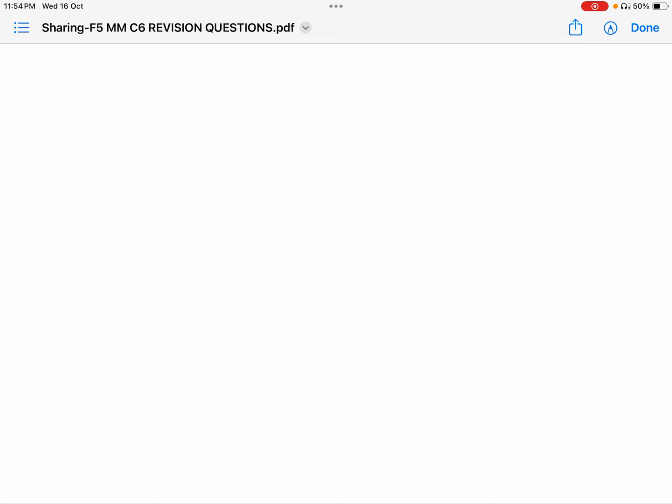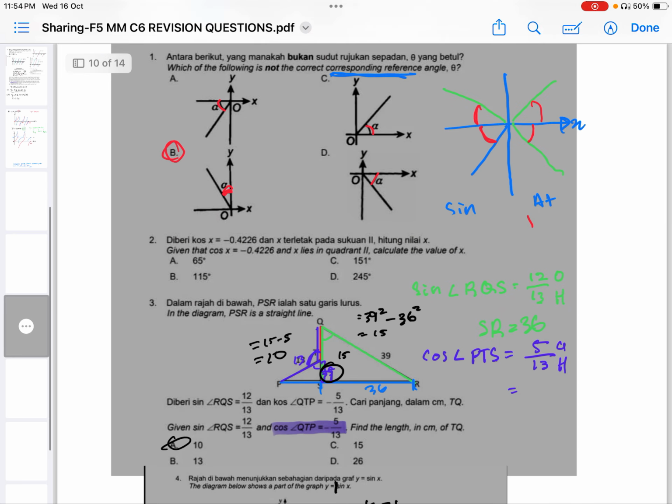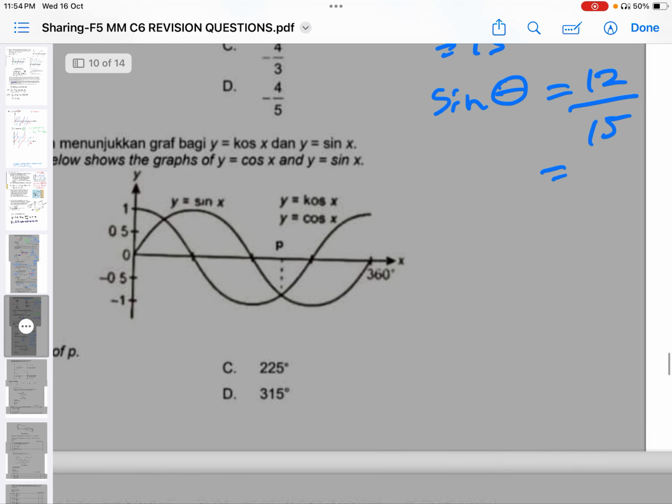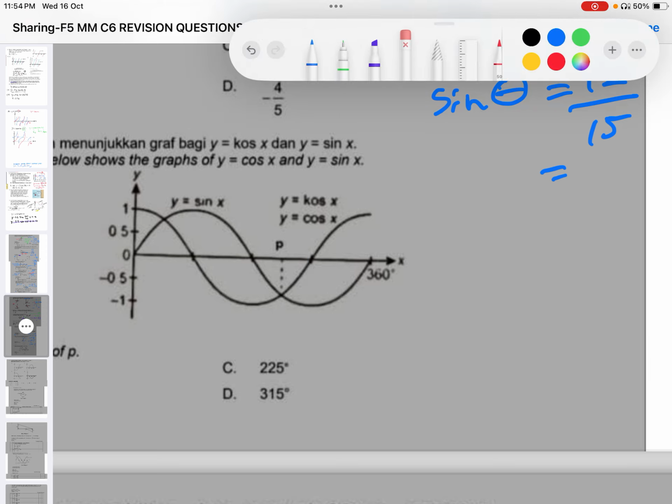Ayo, this thing is so painful to use. So antara 270 dengan 180 kita akan dapat 180.